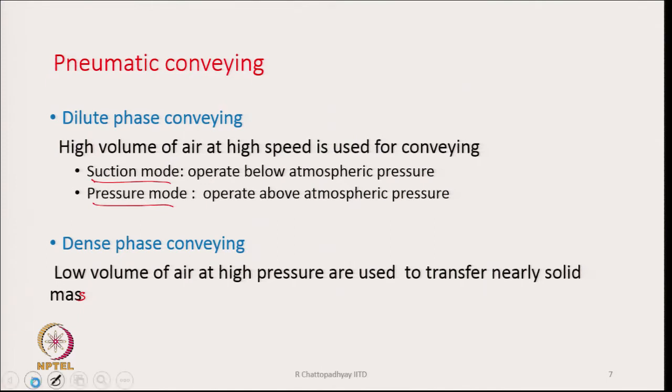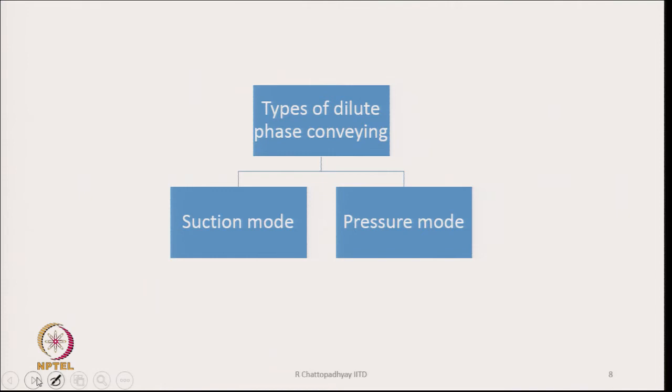In our case it is mostly dilute phase of conveying, and there also there are two possibilities, one is suction mode of conveying, the other one is pressure mode of conveying. Okay.